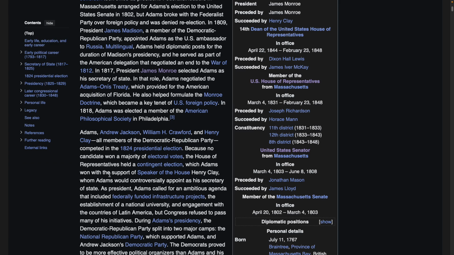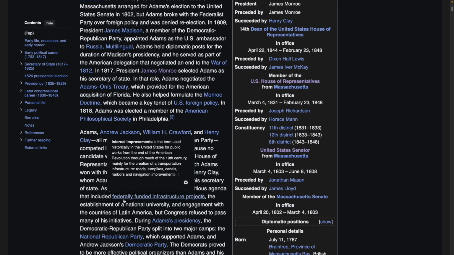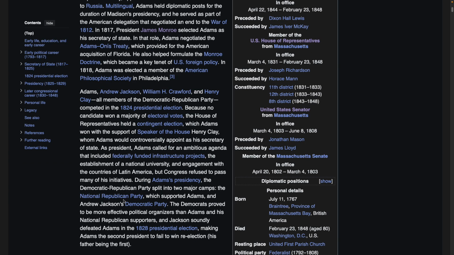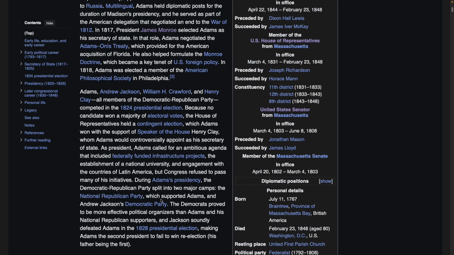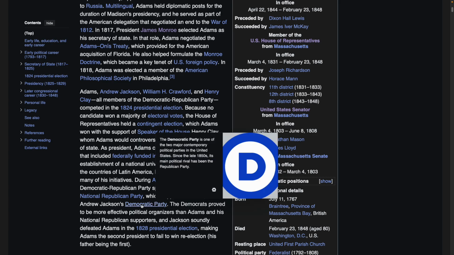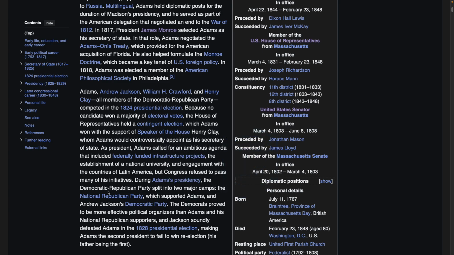As President, Adams called for an ambitious agenda that included federally funded infrastructure projects. The Democratic-Republican split into two major camps: the National Republican Party which supported Adams, and Andrew Jackson's Democratic Party. Interesting. I wonder if this is the big split. I think it is.